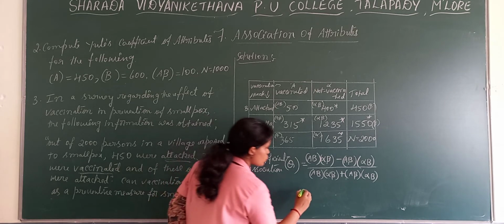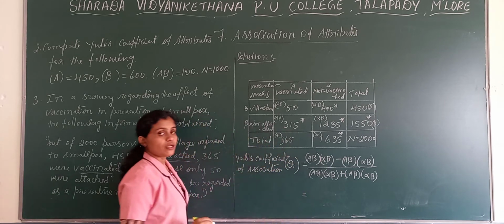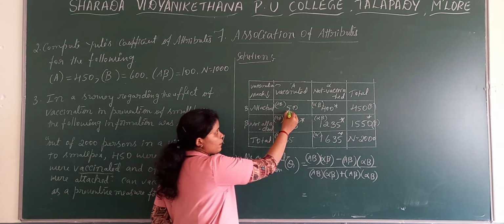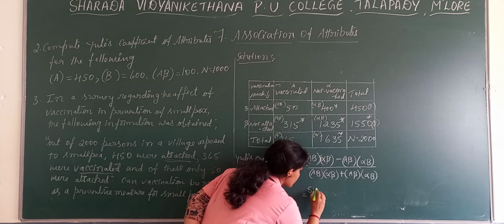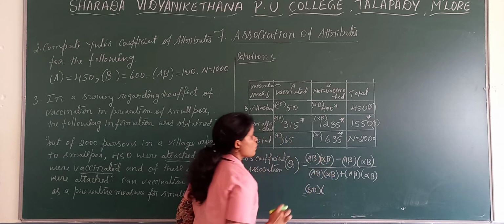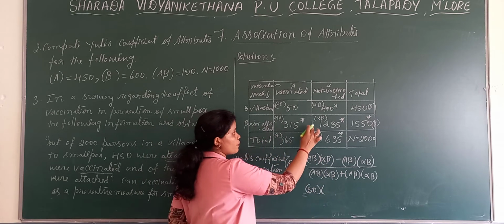Now substitute the values here. What is the value of AB? AB is 50 into, what is the value of alpha beta?